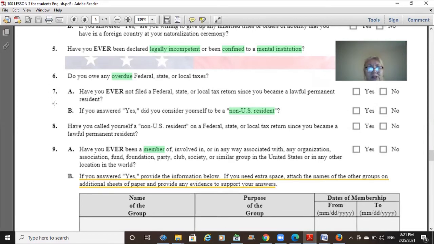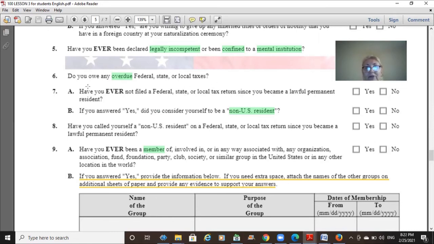So the question is asking you, have you ever not done your taxes since you became a lawful permanent resident? Has there ever been a time or a year when you did not file your taxes?